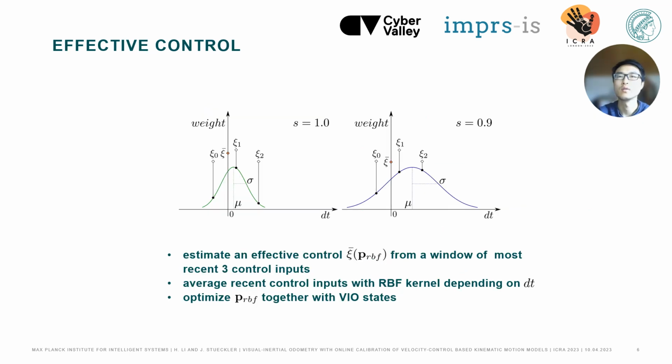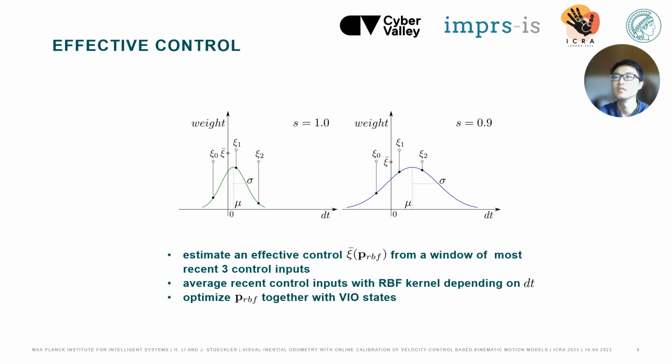The effective control is estimated from a window of the most recent 3 control inputs. We average the recent control inputs with the RBF kernel. This RBF kernel depends on the time difference between the control inputs and the first frame of the 2 consecutive frames. And we optimize the RBF parameters together with other VIO states.